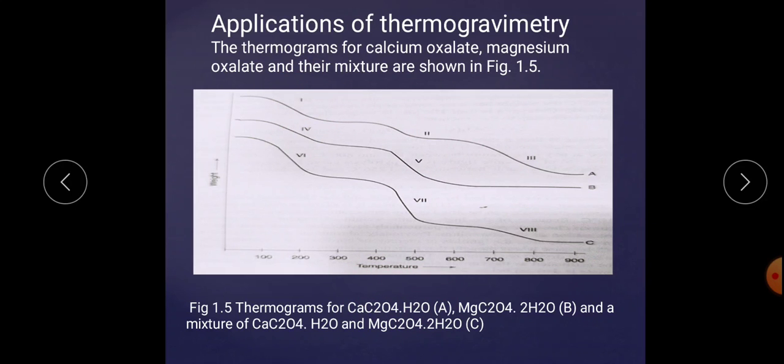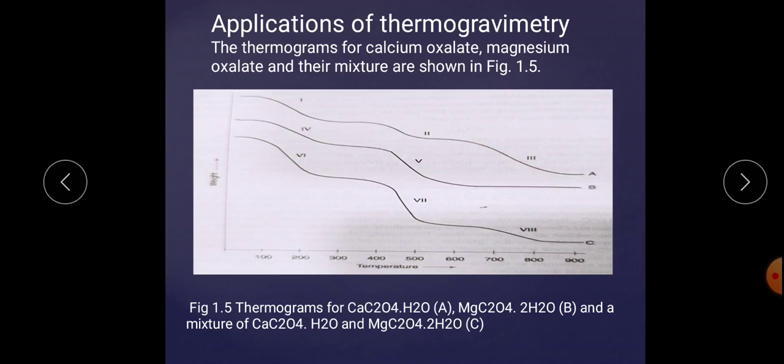What are the temperature ranges? For the first, it is 100 to 250 degrees Celsius. In the second, it is 400 to 500 degrees Celsius, and the third region is in the temperature range of 650 to 850 degrees Celsius. Now, what is the reason behind these three regions?